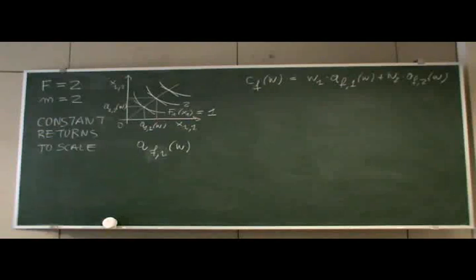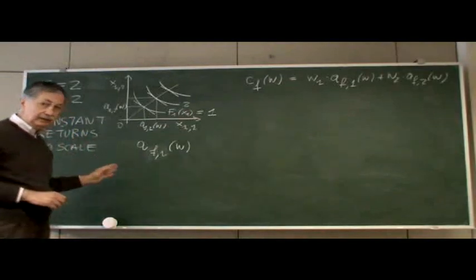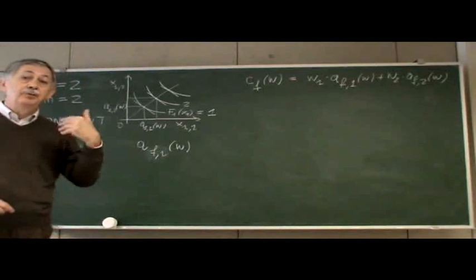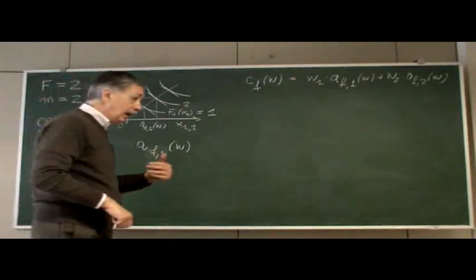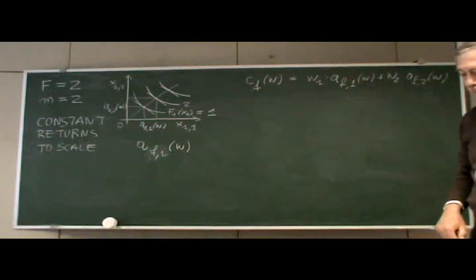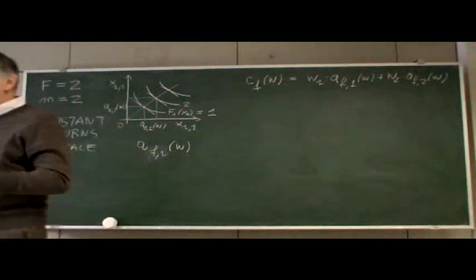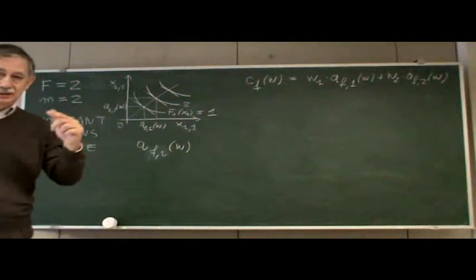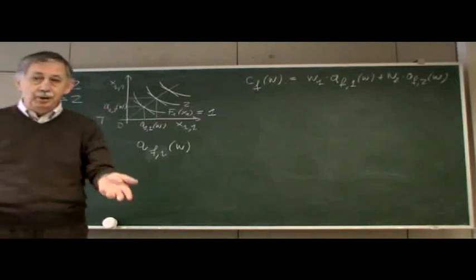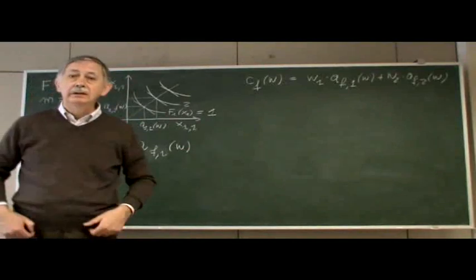In a general equilibrium, since there are constant returns to scale, if both goods are produced, in other terms, our country is not entirely specialized in one good, the unit price must be equal to the unit cost. This is a property which follows from constant returns to scale.